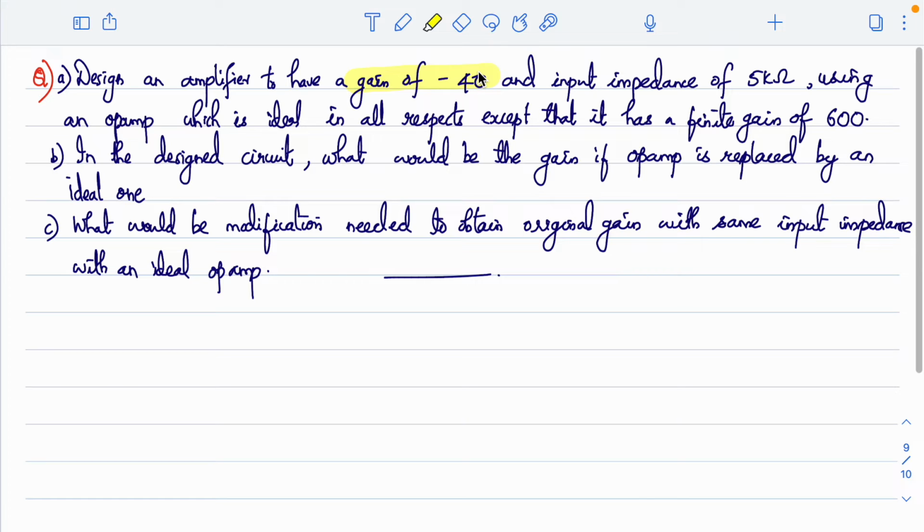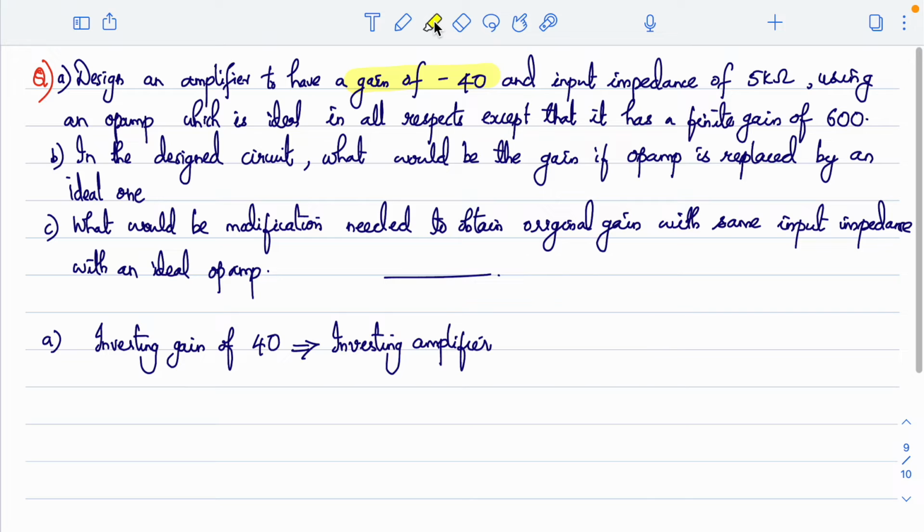It is closed loop gain. And the moment you see the minus sign here, the amplifier circuit is an inverting amplifier. So after reading part A, you can say that what is needed is an inverting gain of minus 40, and the circuit I need to use is an inverting amplifier circuit. That is clear from the first part.